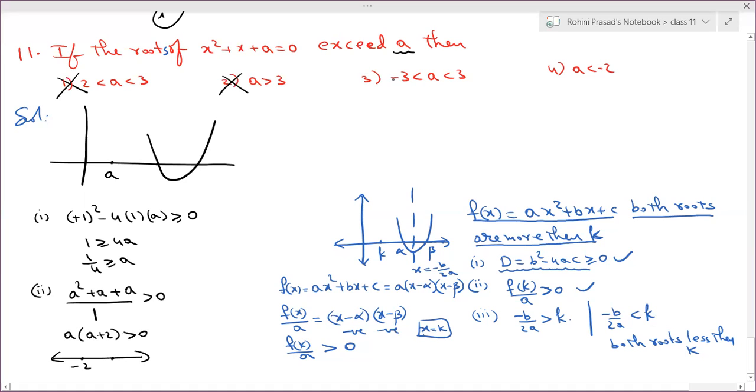A should be less than 1 by 4. So you're getting values which are more than 1 by 4 in all these three cases. So definitely it should be the fourth option. So using elimination, we can get it, but let us see the general process.